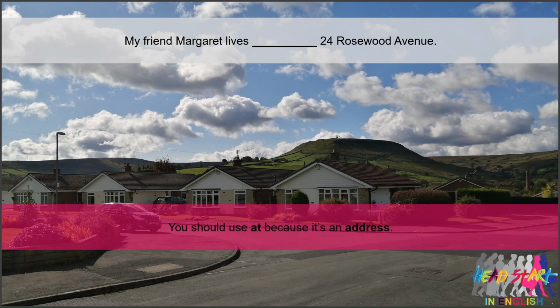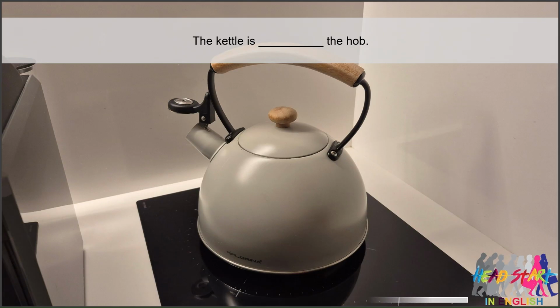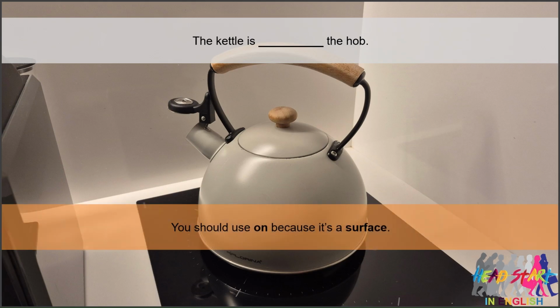My friend Margaret lives at 24 Rosewood Avenue. 24 Rosewood Avenue is an address, so we use at. The kettle is something the hob. The kettle is on the hob. The hob is a flat surface, so we use on.